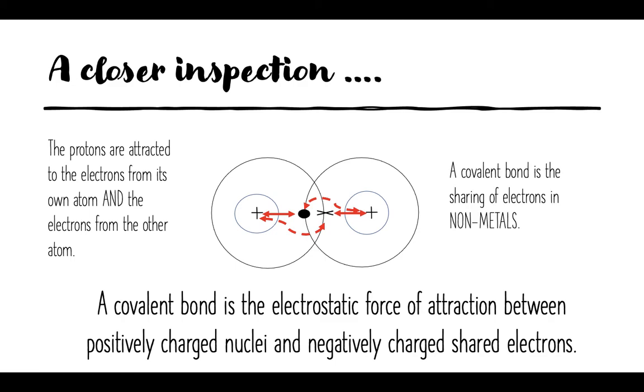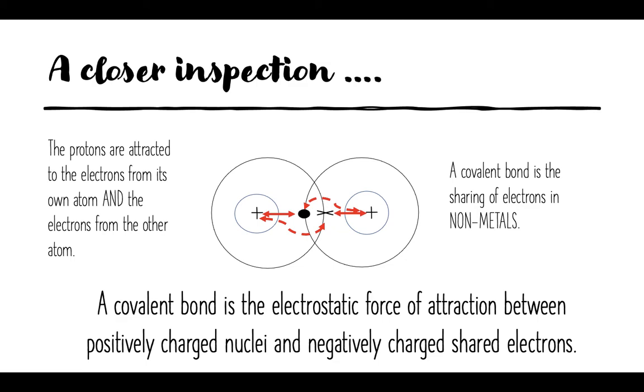A covalent bond is the sharing of electrons in non-metal elements. The official definition for a covalent bond is the electrostatic force of attraction between positively charged nuclei and negatively charged shared electrons.